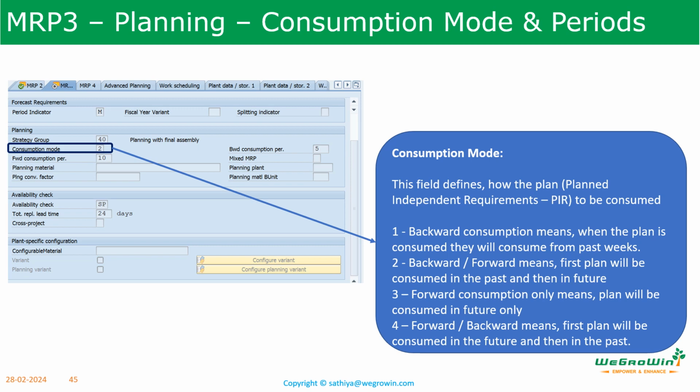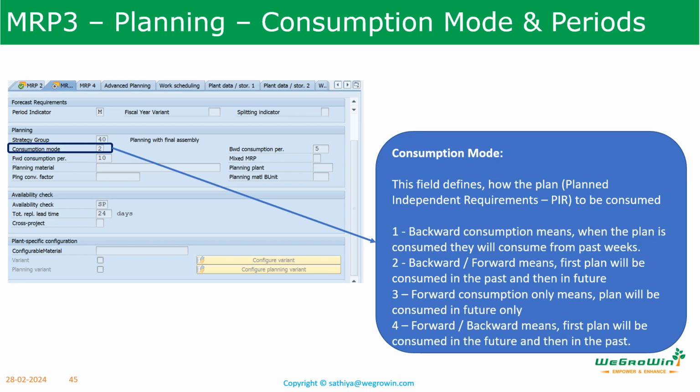Then there are some items we can maintain in the backward direction also, the past date also, so at that time we can consume in the backward direction. It depends on the criticality and the nature of the business, whether we are going to maintain the plan in the past, so that based on the plan we will keep some materials, or we don't want to maintain any backward, we want to see only forward. So based on these parameters, we need to select the right consumption mode.